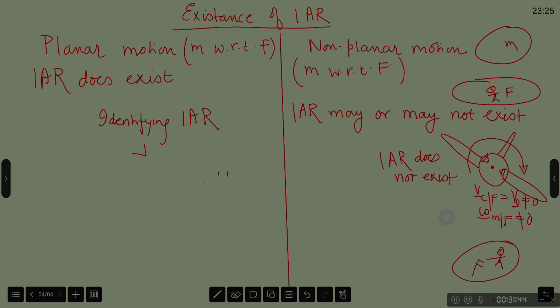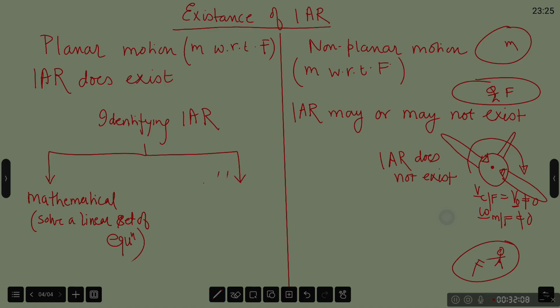There are two ways. One is more mathematical, where you will have to solve a linear set of equations. This course we are not going there.